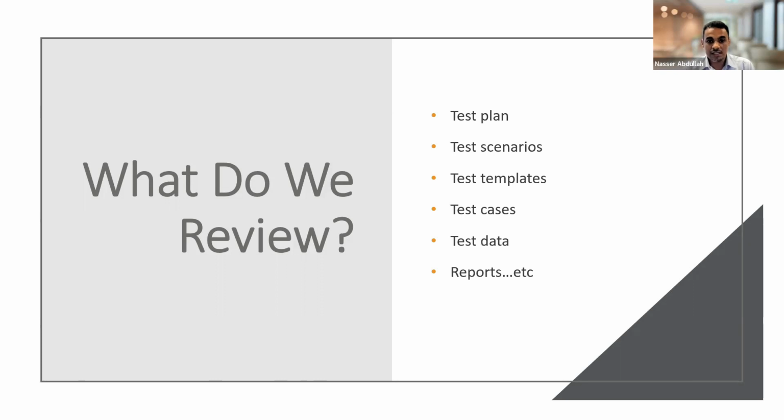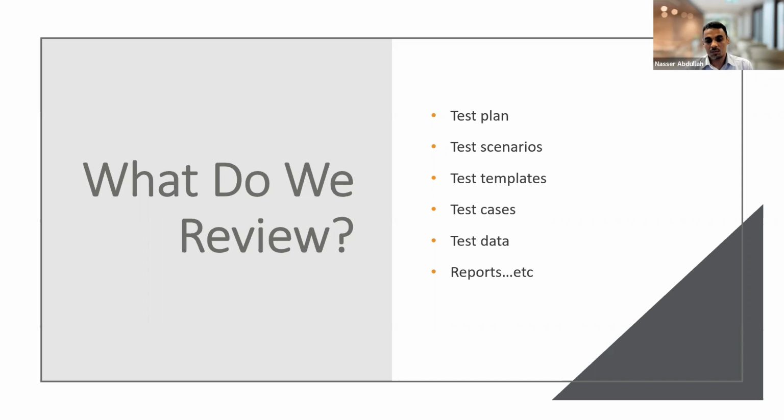So here, guys, is the list of documents that can be reviewed. The plan, the test scenario, test templates, test cases, test data. Maybe you already talked about some of these. The test plan, the test scenario, we talked about it also.